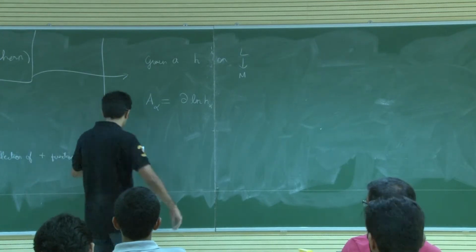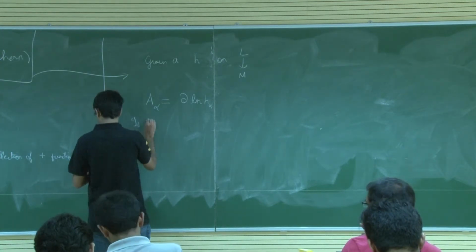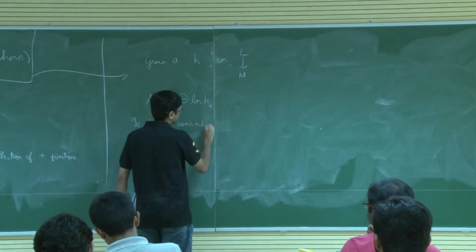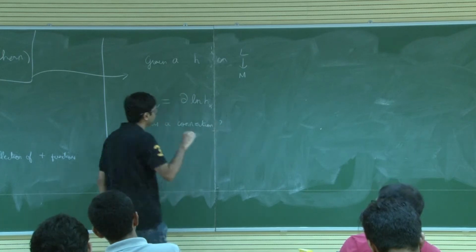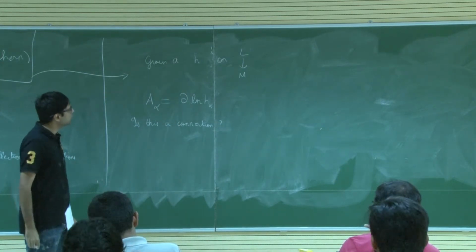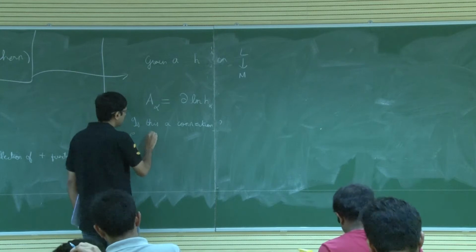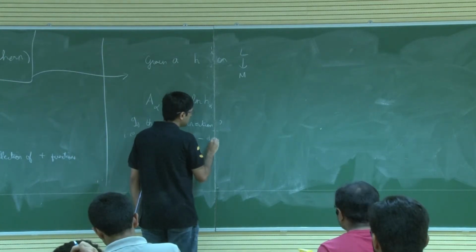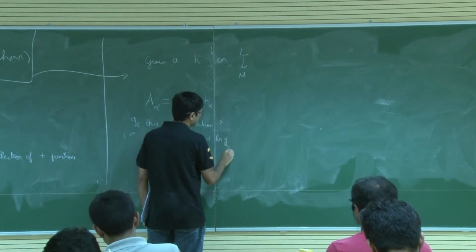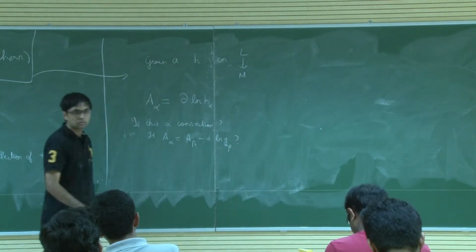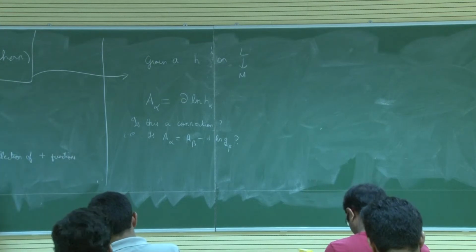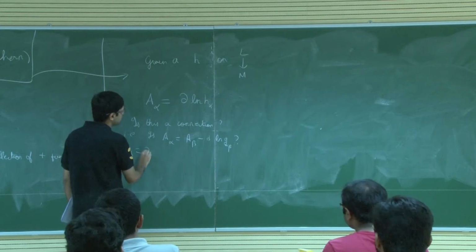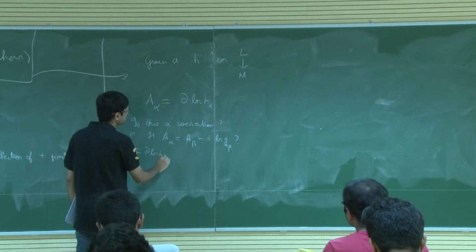For starters, is this a connection in the first place? What does this even mean, right? Is this a connection? In other words, is A alpha equal to A beta minus d ln g alpha beta? This is what we have to check. So let's do so. What is A beta? A beta is del ln h beta.